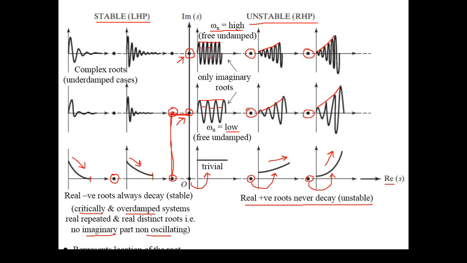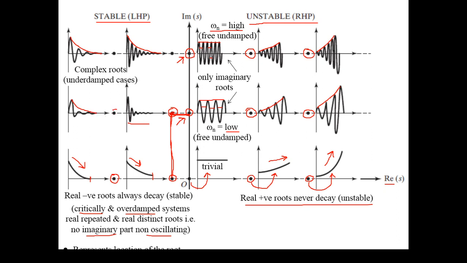This means that this system will be oscillating in nature. You can see the oscillations for all the rest of the responses plotted here on this plane, and these oscillations are of decaying nature. They are decaying with time.